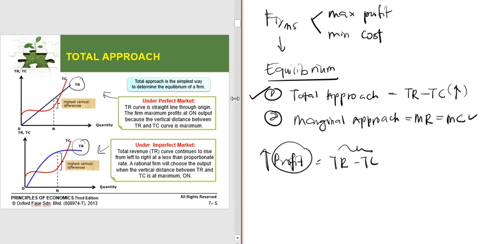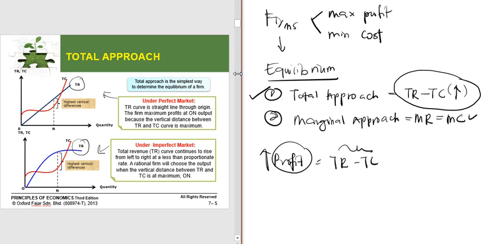If you use the total approach, the concept is that the gap between total revenue and total cost is the biggest. So if you look at the graph, you have to find the gap between total revenue and total cost that is the biggest.